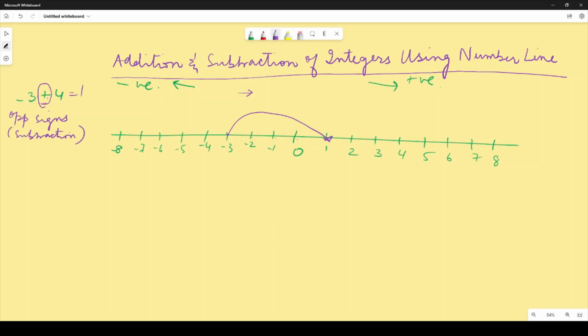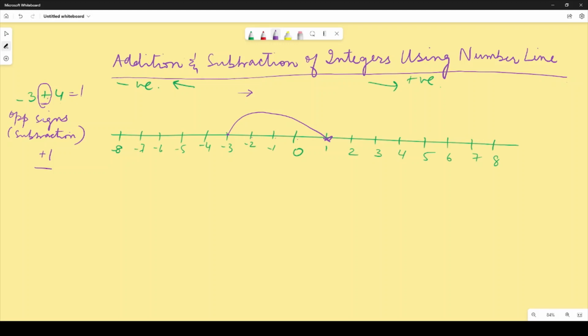So you simply subtract the smaller number from the larger number, and you forget about the signs for a while. You get 1. And the sign that this number will carry is the sign of, as I like to call it, the Bada Bhai. So the Bada Bhai is 4 over here and it is carrying a plus sign. So the answer will be +1, which is just what we got from the number line.